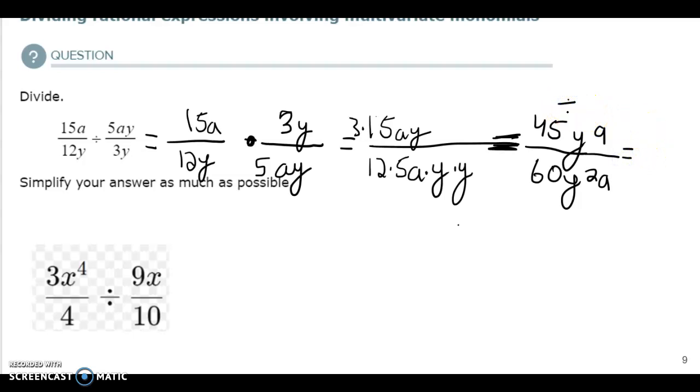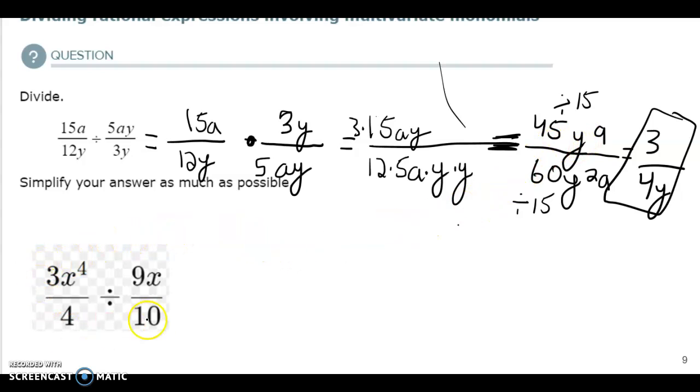I can divide both of these by 9. Or not 9, sorry. I can divide both of these by 15. And that will get me 3/4. And then I have 1y on the bottom, and both of my a's cancel out.